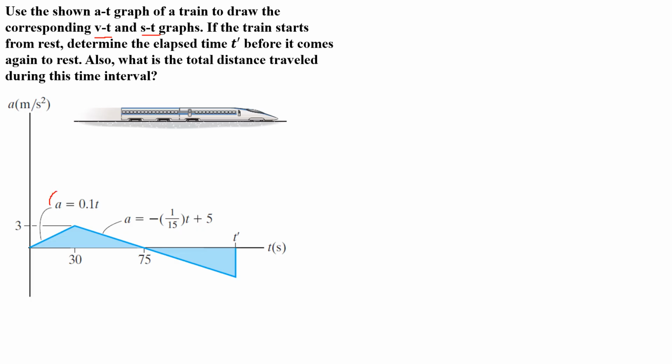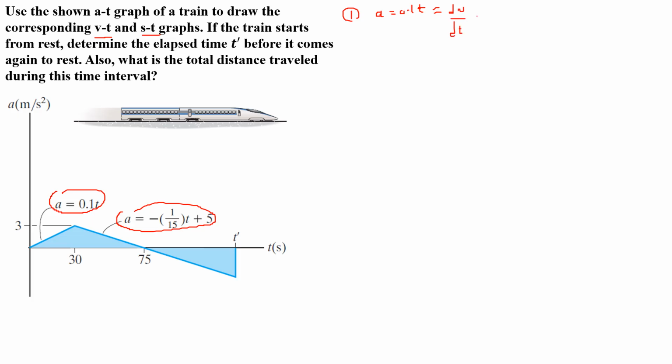Okay, they give us the functions for the two segments of the curve. So for the first one here, I can simply say a equals 0.1 t, and we can find the velocity function by equating this to dv over dt.